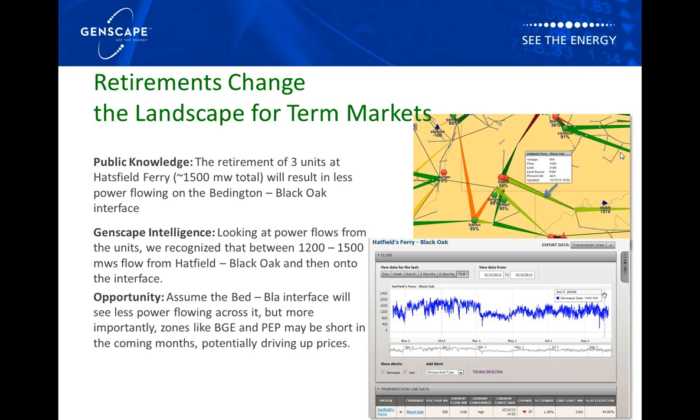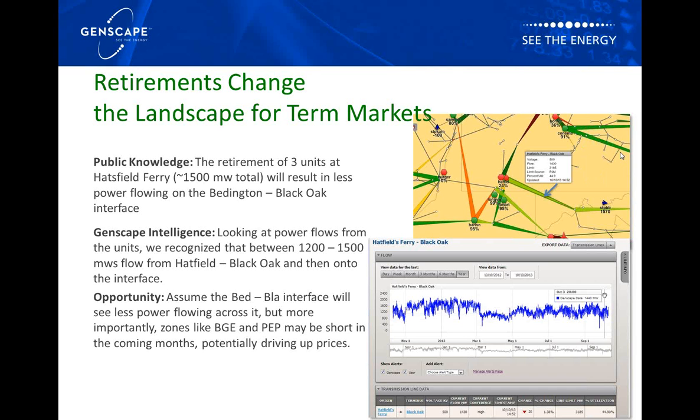And what we were able to do is monitor the flows from Hatfield Ferry. And what we could see is there were up to 1,200 to 1,500 megawatts of power flowing from that plant onto the Bennington-Black Oak interface.